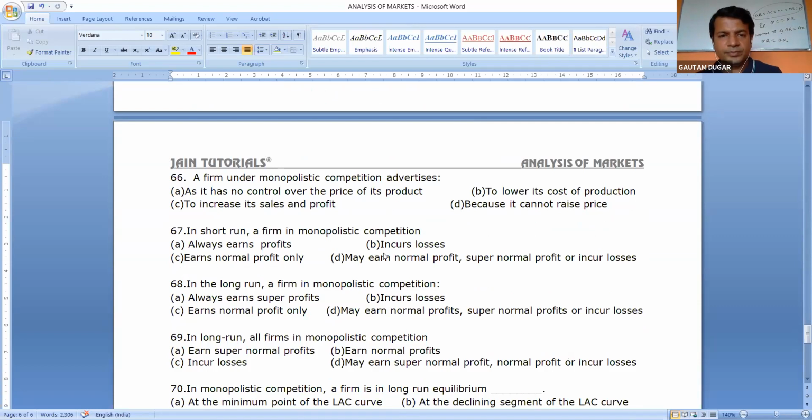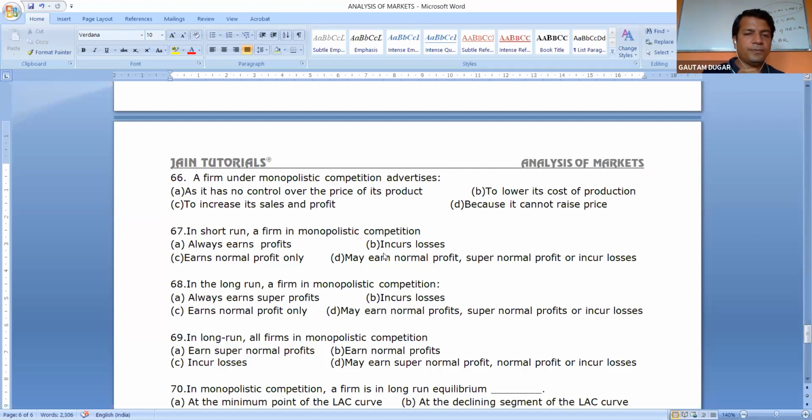67. In the short run, a firm in monopolistic competition... Yes, Tanisha, you're right, it may earn normal profits, supernormal profits, or incur losses. That's 67. 68.